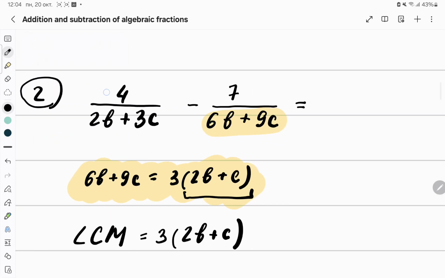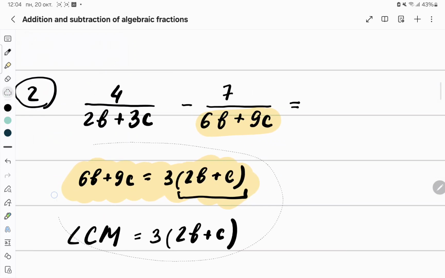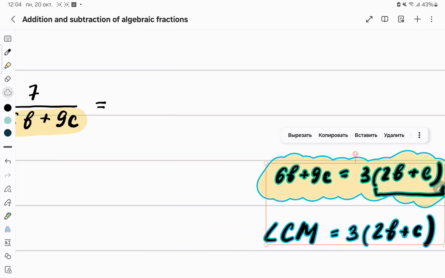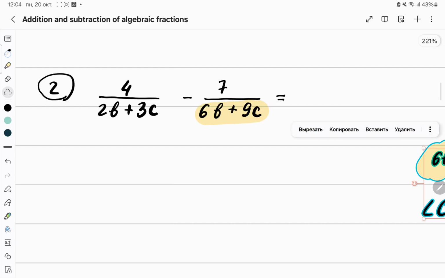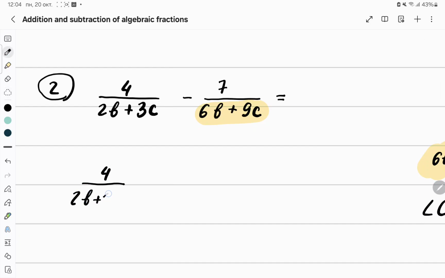So let's write it carefully. I will continue here. 4 over 2b plus 3c minus 7 over 3 times 2b plus 3c. Okay, so the first fraction will be multiplied by 3.